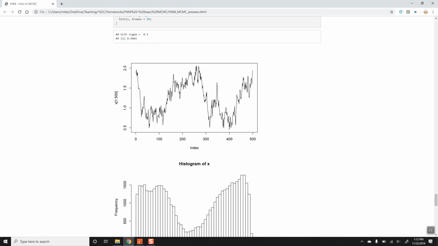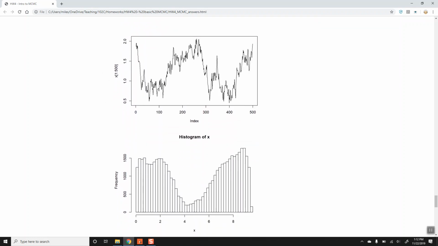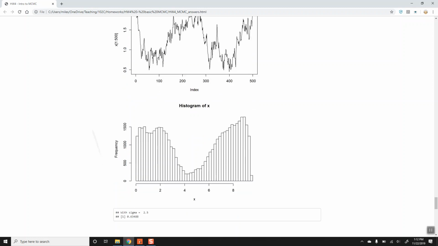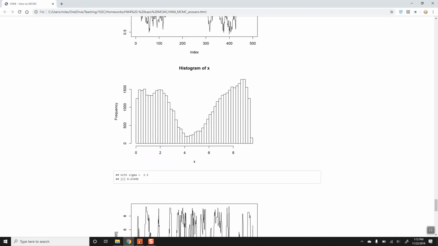So what's going on? With the first one, the tiny sigma in the proposal distribution, it's only proposing, if you're currently at 1, something like 1.1 or 0.9. So almost every value it proposes, it's going to accept. You might think, don't we want to accept every single value?